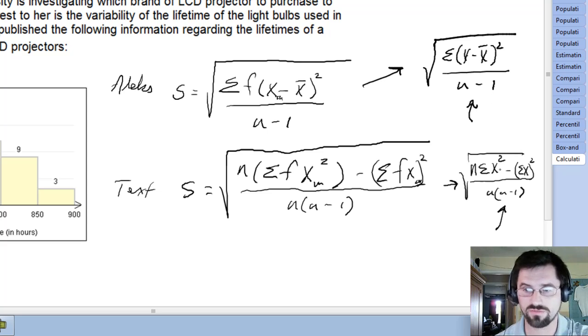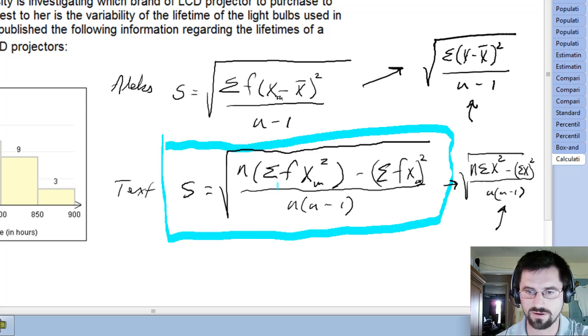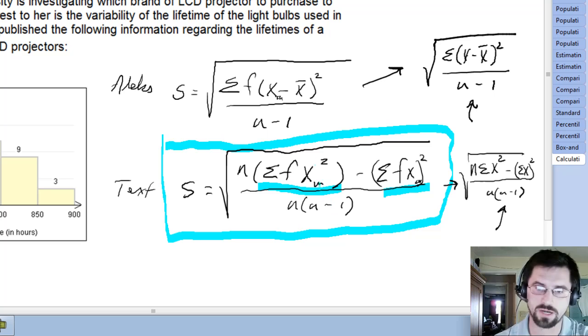The one where you just figure out the sum of the x squareds and the sum of the x's, or in this case, the sum of the frequencies times the midpoint squared and the sum of the frequencies times the midpoints, uses n times n minus 1.